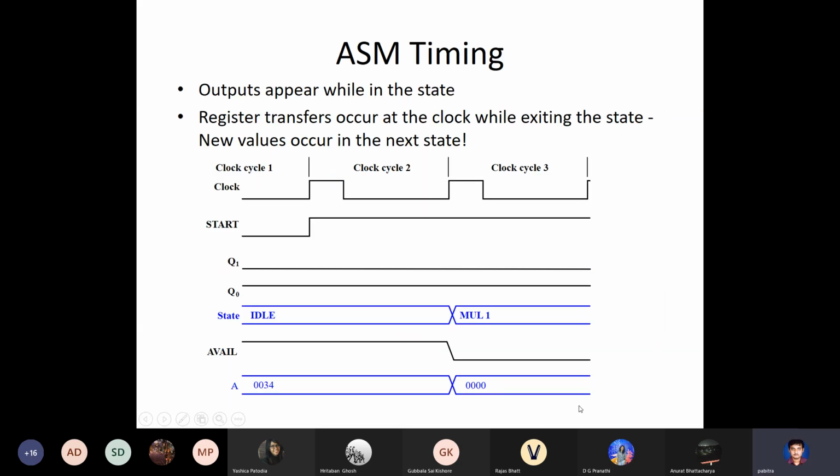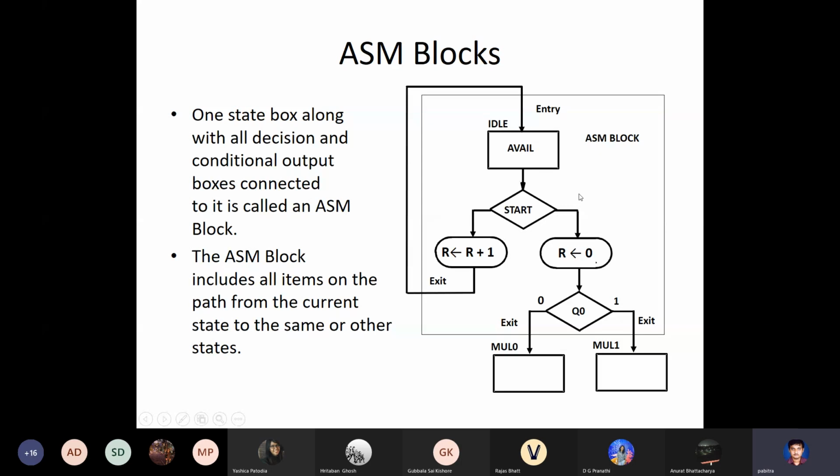All right. So we are representing the state transition diagram as a kind of flow chart, a flow of events. So this happens, then this happens, then this. The difference between a flow chart and an ASM chart is that there is no timing sequence mentioned in the flow chart.